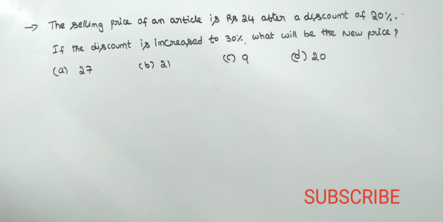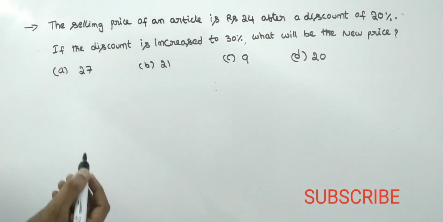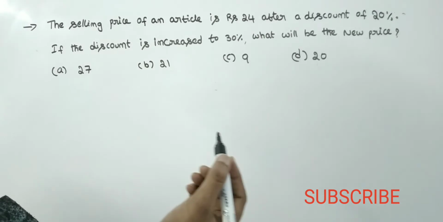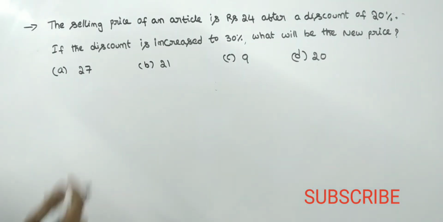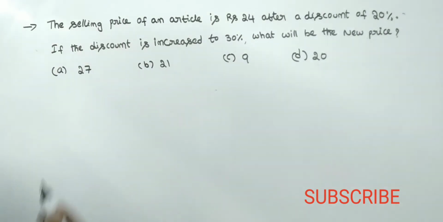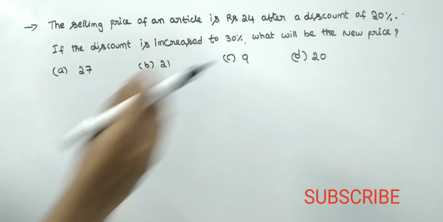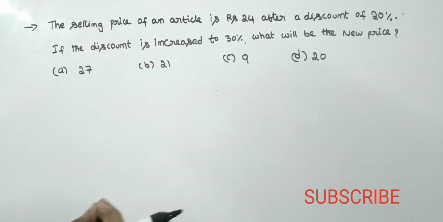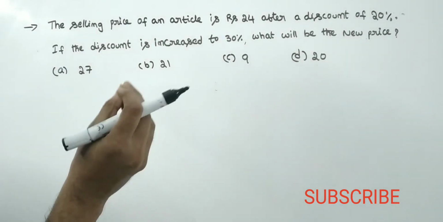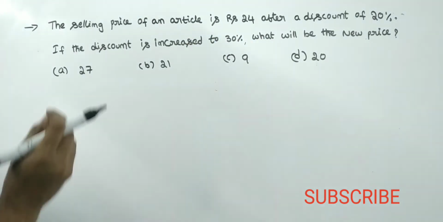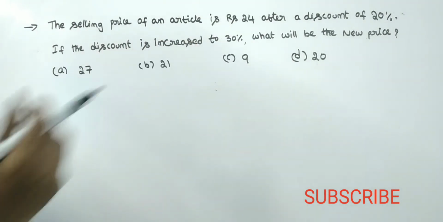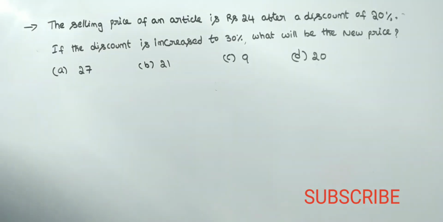See friends, next problem. The selling price of an article is rupees 24 after a discount of 20%. If the discount is increased to 30%, what will be the new price? See friends, what he has given? Selling price of an article is 24 after a discount of 20%. If the discount is increased to 30%, what will be the new price?